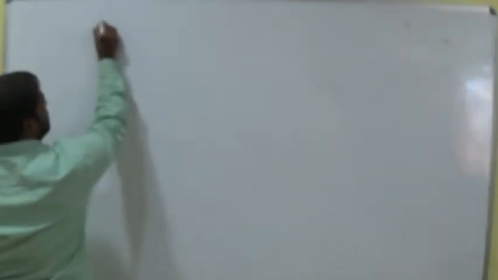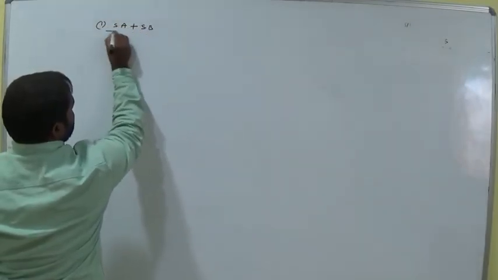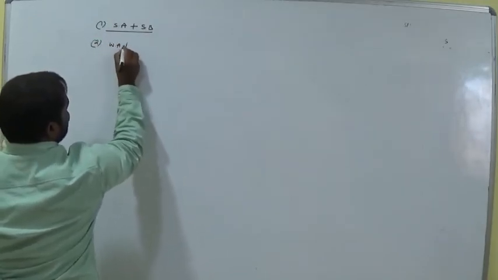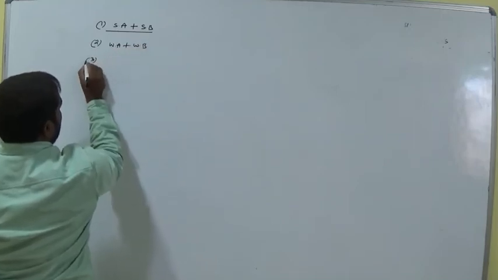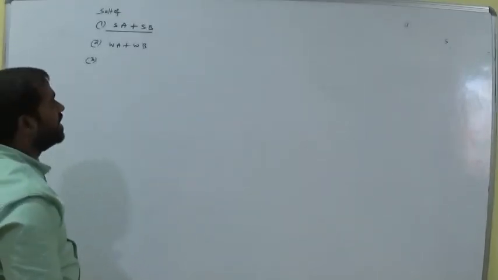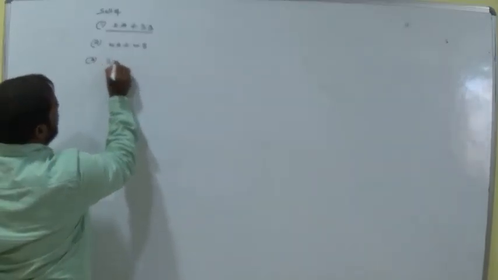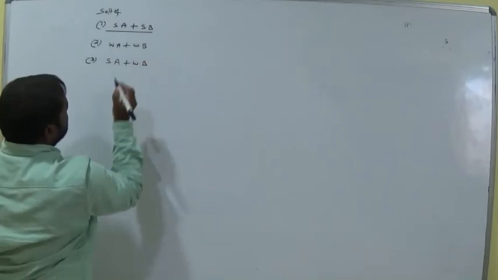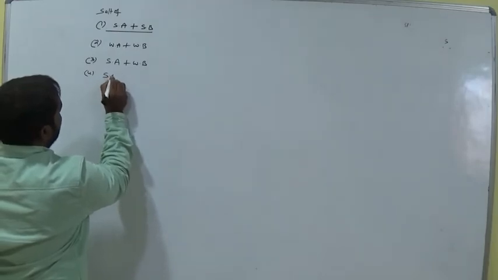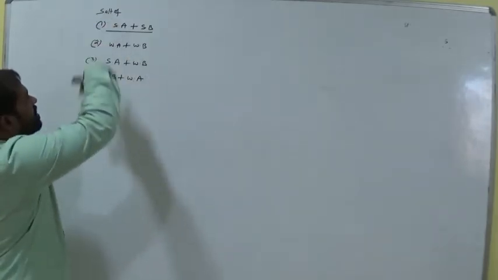We have four types of salts: salt of strong acid and strong base, salt of weak acid and weak base, salt of strong acid and weak base, and salt of strong base and weak acid. These are the four types of salts.